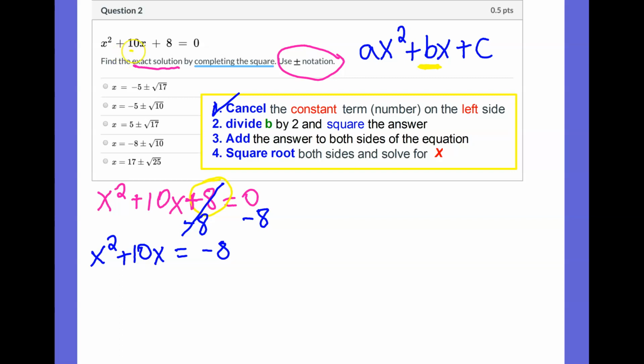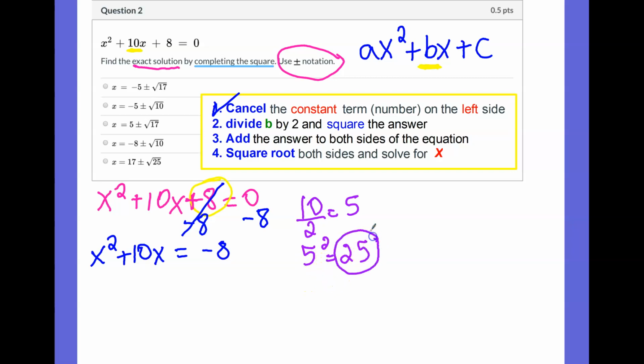In this case, b is 10. So we will divide 10 by 2, which is 5, and then we will square the answer, and that will be 25. 5 squared is 5 times 5 equals 25.